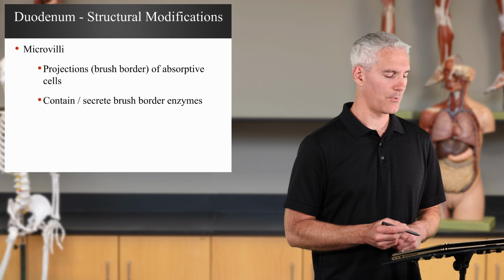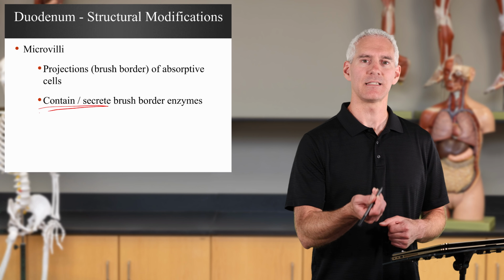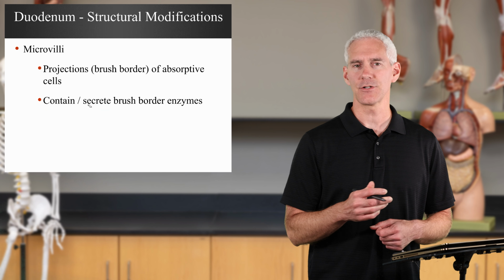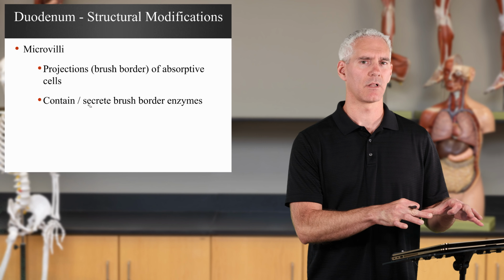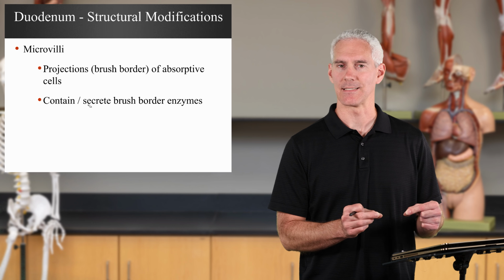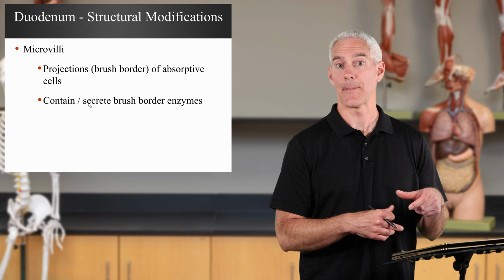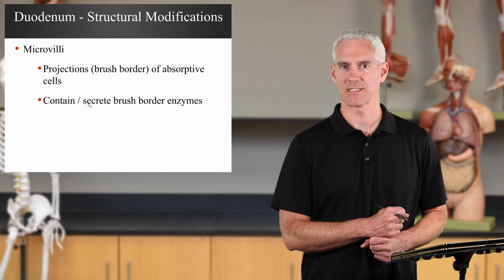And this brush border can contain or secrete, in some cases, different enzymes. They're referred to as the brush border enzymes. So we'll come back to those a little later when we start talking about the physiology of this. But keep in mind, those microvilli, that brush border, will be secreting some enzymes to help out with the digestive process.